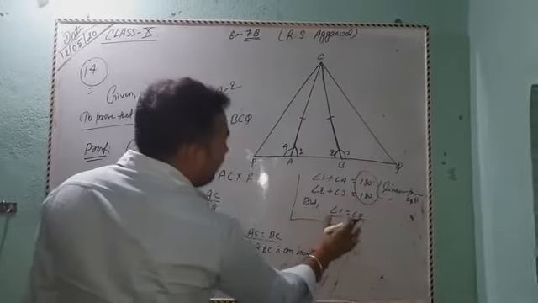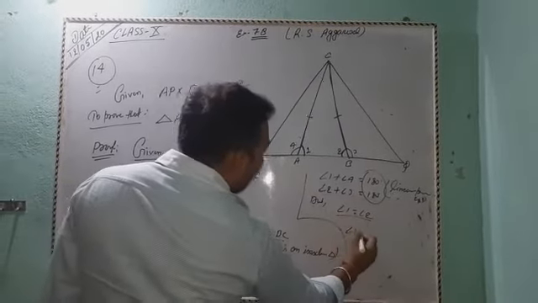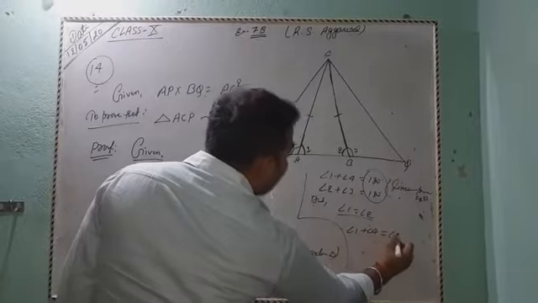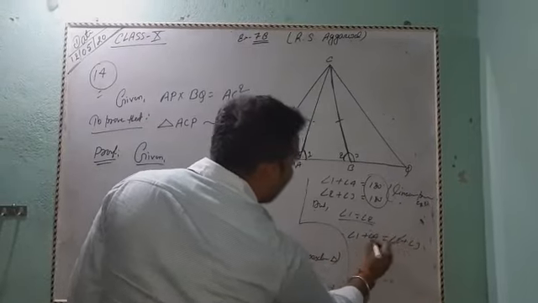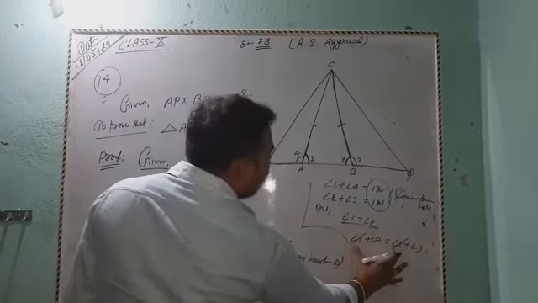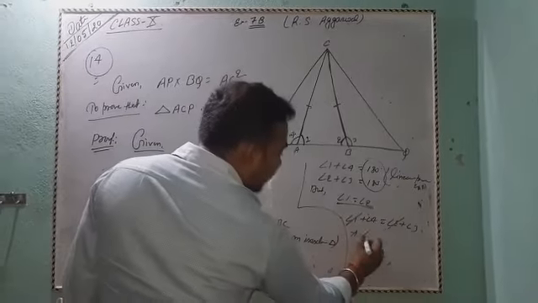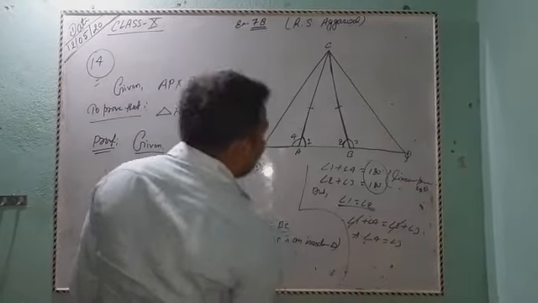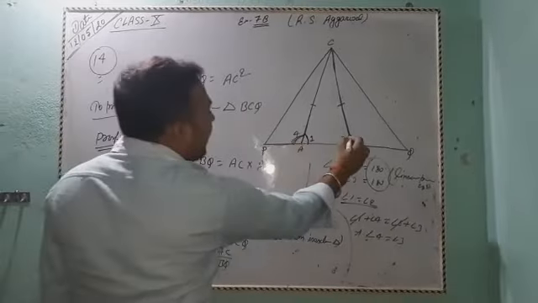Okay. So angle 1 plus angle 4 equal to angle 2 plus angle 3. So angle 2 and angle 1 are equal, then we write that angle 4 equal to angle 3.